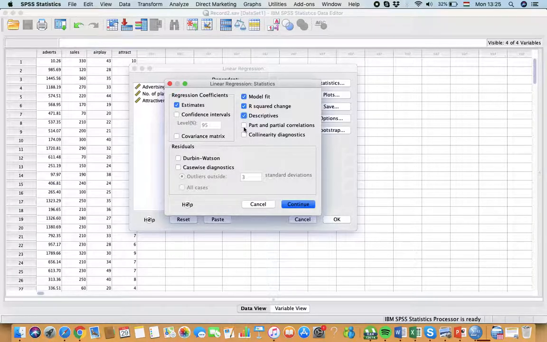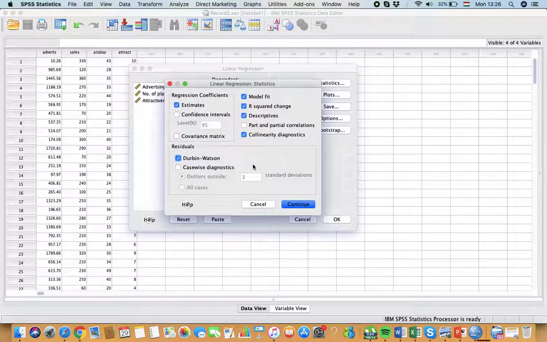Part or partial correlation of the predictor variables and the outcome variables, and collinearity diagnostics, again, the relationship between the predictor variables, whether there is any. This is one of the assumptions, remember, for generalizability. The Durbin-Watson test, this is the assumption for independent errors.